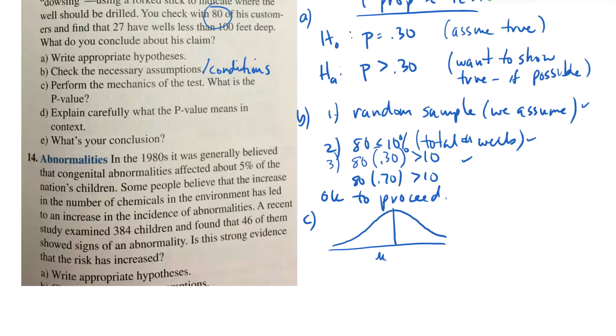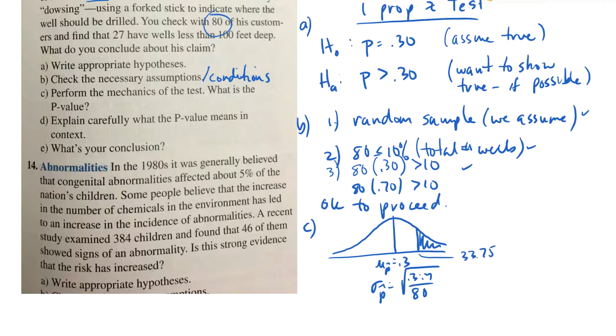So we've got mu sub p hat is 0.3, sigma sub p hat is the square root of 0.3 times 0.7 over 80. And we're trying to figure out what's the chance that I randomly pick a sample of 80 wells and have the proportion be greater than 33.75%.